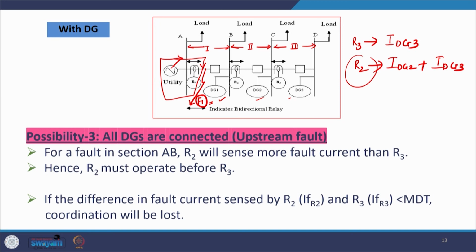For that we need to use some other philosophy or algorithm if we wish to avoid miscoordination among different overcurrent relays.